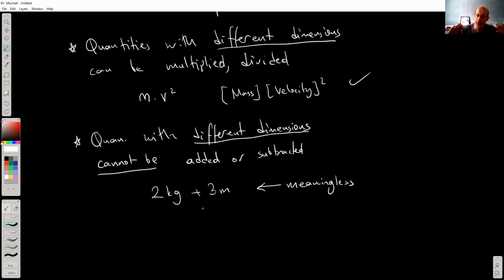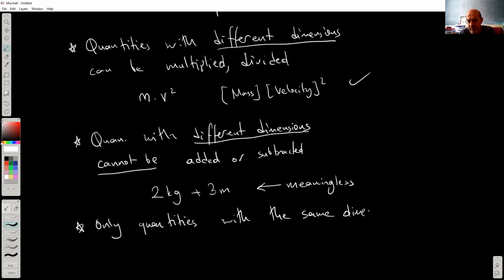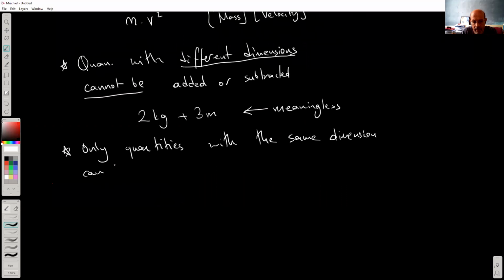So this is something forbidden. I cannot add up two quantities with different dimensions. I can only add up two quantities with the same dimension. Only quantities with the same dimension can be added up, or subtracted, all right?